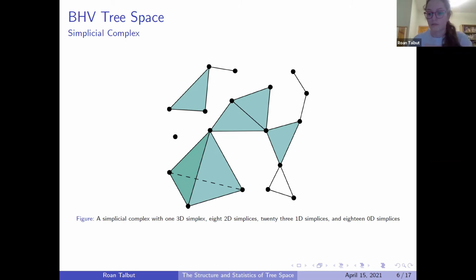These are all 0 to 3D simplices. One thing to note is that whenever we have a k-dimensional simplex in our simplicial complex, we also have all of the lower dimensional simplices that border on it. But if that's confusing, the summary is that it's like a higher dimensional version of a graph, in the abstract sense where we don't have edge lengths or anything.